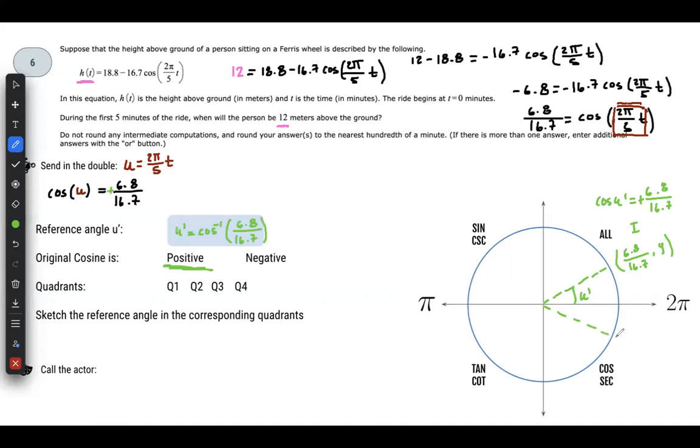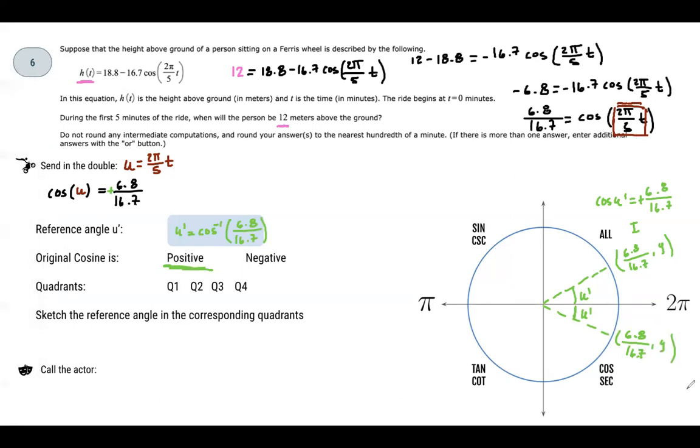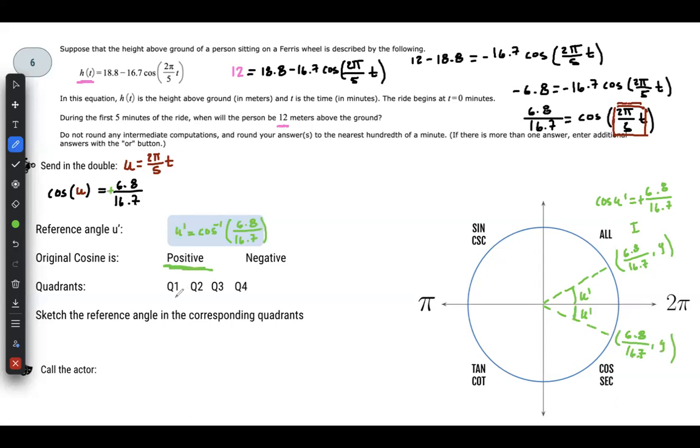So now I'll be working on those, but my reference angle always goes on the x-axis. So now this will also be 6.8 over 16.7, comma, y. So I'm going to be working quadrants 1 and 4.